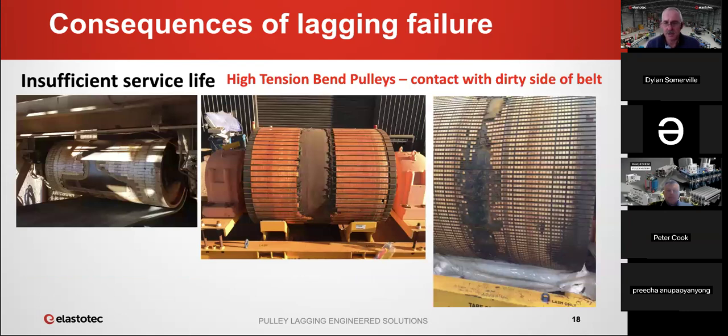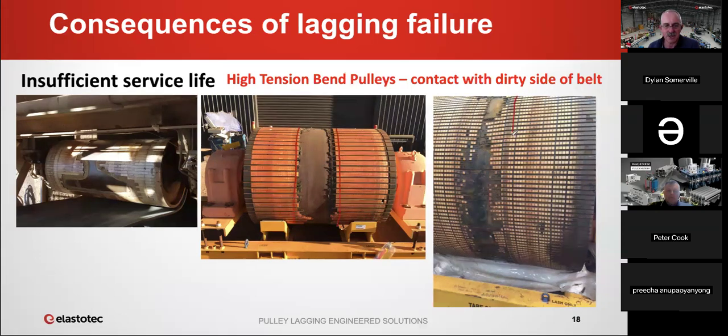This application is, in my opinion, the most difficult application for pulley lagging. These are high tension bend pulleys. High tension bend pulleys fail in a band around the center. You can see here, basically 70% of the lagging is in perfect condition, and that center third has badly failed.